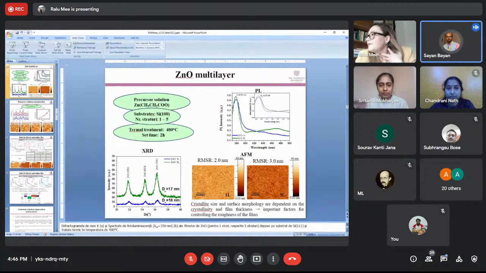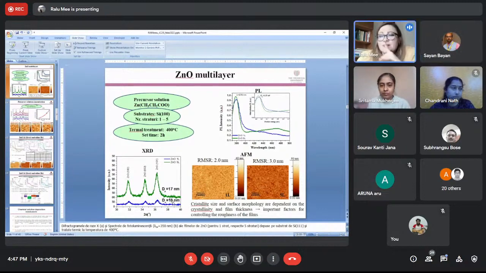To my knowledge, one layer should have higher defect density than the five layer, because one layer will have smaller nanoparticles. Smaller nanoparticles have a higher surface to volume ratio, and hence higher defects. So it was really interesting to observe higher defect concentration for this five layer sample.